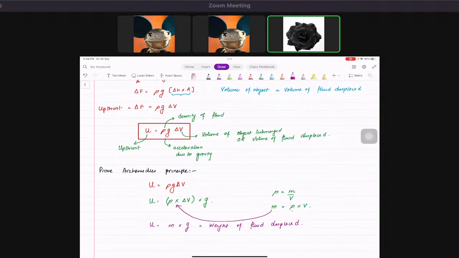Sir, yes, Tessie. Weight is equal to upthrust in the formula, yeah? No, this is the weight of the fluid that was displaced because of the object that you submerged in it. It's not the whole fluid.